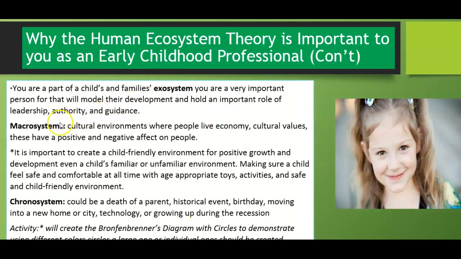The next system is the macro system, and these are cultural environments where people live economically or cultural values, and these have a positive and negative effect on people. So this can also be such as the government.